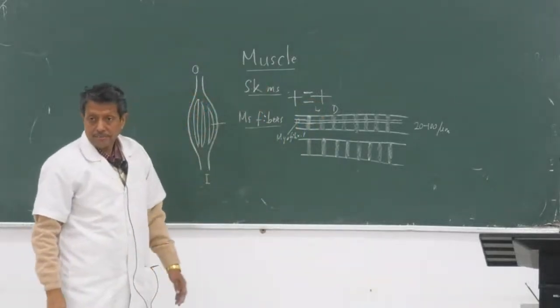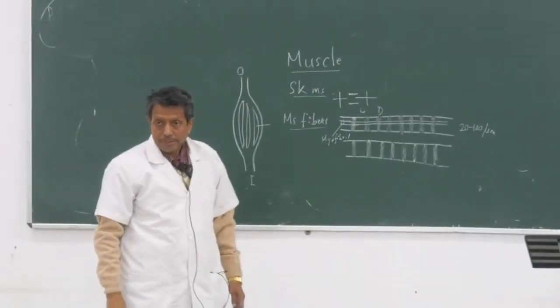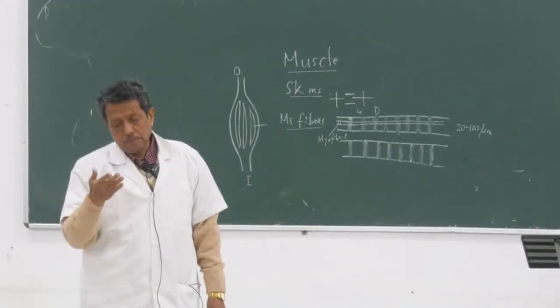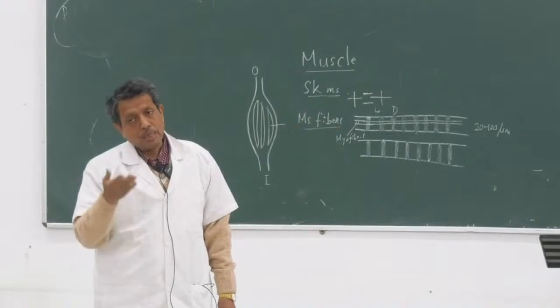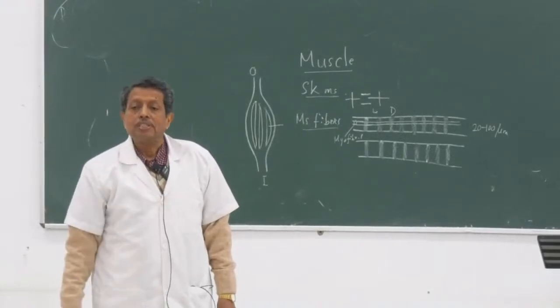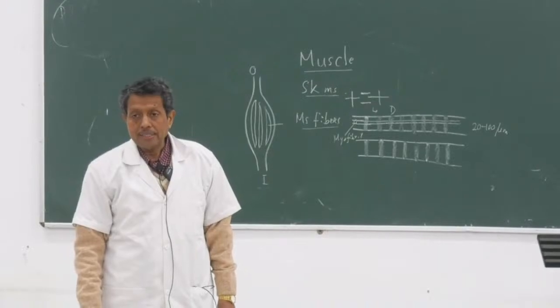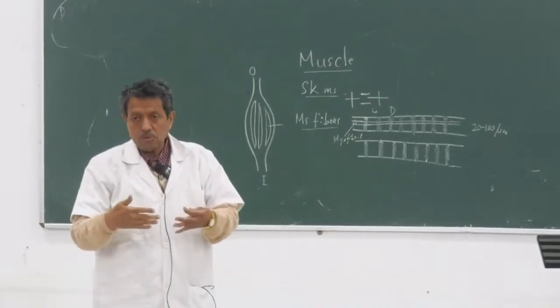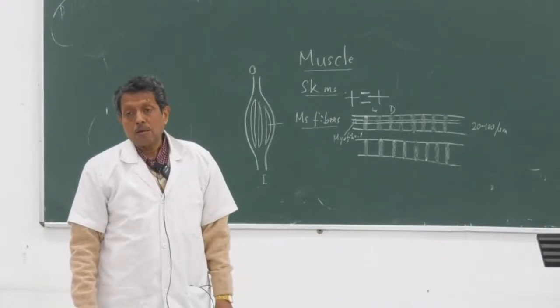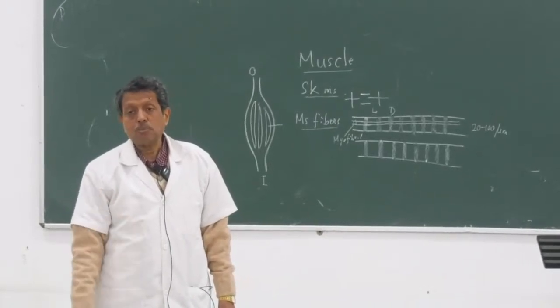In the register and not overlapping, and for this reason the individual muscle fiber or the myofibrils, they all show this banding pattern, and they are in register. If they would have been overlapping, then this type of features, banding pattern cannot be seen.